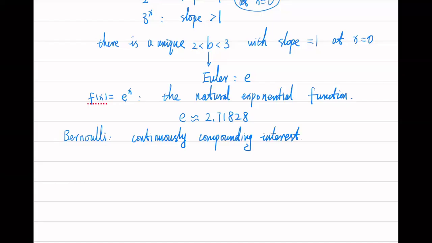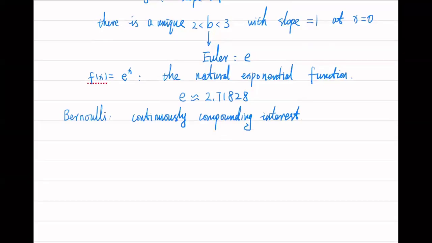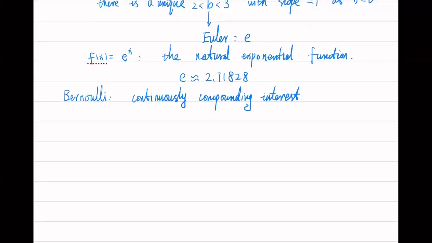A very useful subject. Maybe we'll come back to it later. So at this moment, we will go to the next section about the inverse function. And from there, we will introduce the logarithmic function.